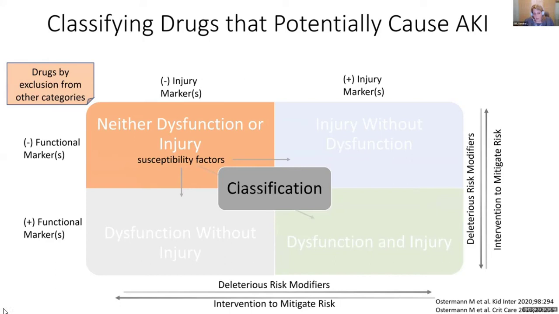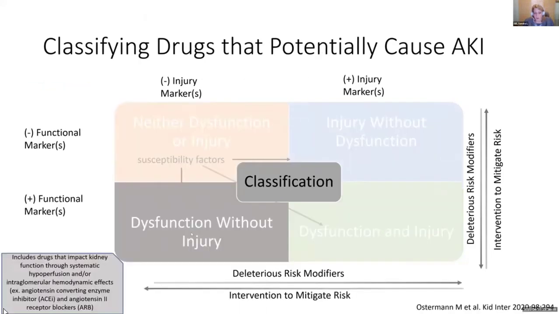If we move down to the lower left, we start talking about dysfunction without injury. Think about a drug that's causing dysfunction without any injury. Well, we can think of drugs that cause some intraglomerular hemodynamic effects, such as ACE inhibitors or ARBs. We've seen some of these effects with the newer SGLT2s as well. And so with dysfunction without injury, we get to what's called permissive acute kidney injury or permissive hypercreatininemia.